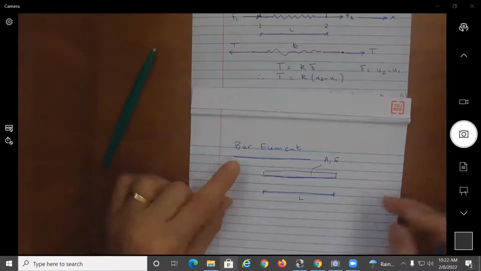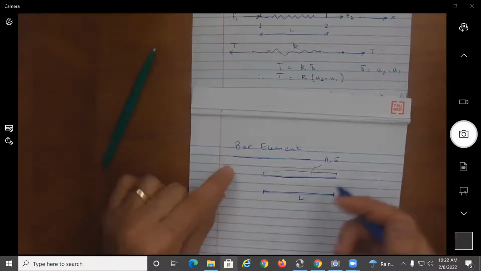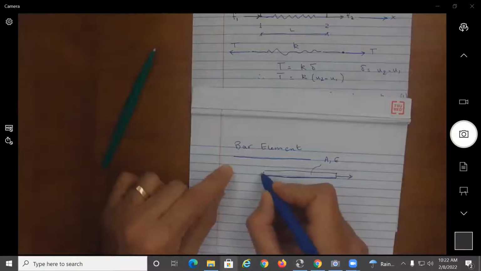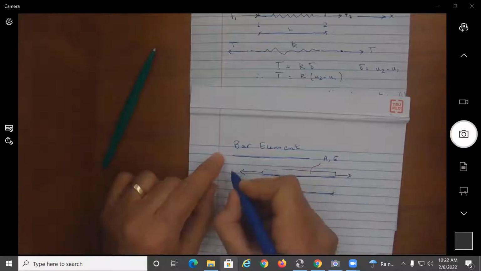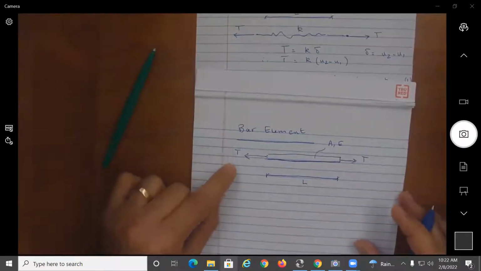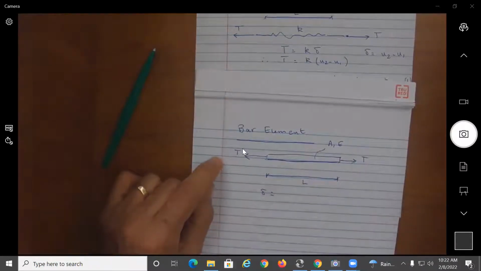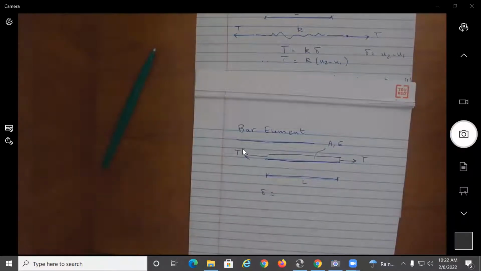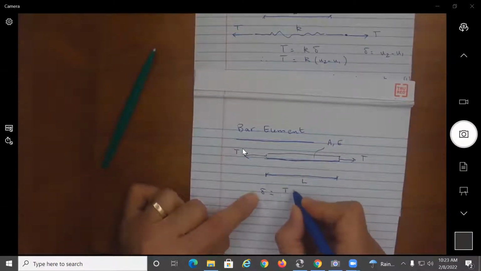This bar, being a two-force member, could be in tension or in compression. So if this is in tension like this, it is going to elongate delta. And as we have learned from solid mechanics, this delta is equal to TL over EA.